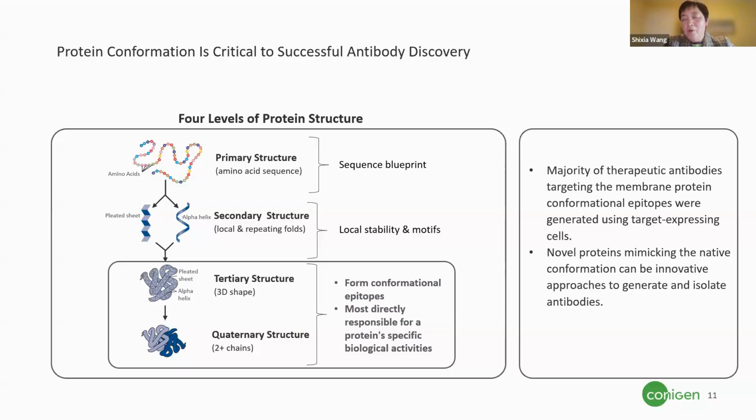In the past, the majority of the antibodies were generated using target-expressing cells. So now we need a new modality of proteins that can mimic the native conformation to further advance antibody discovery. Therefore, protein conformation is critical for antibody discovery success.